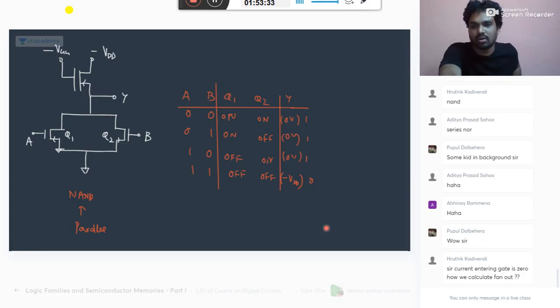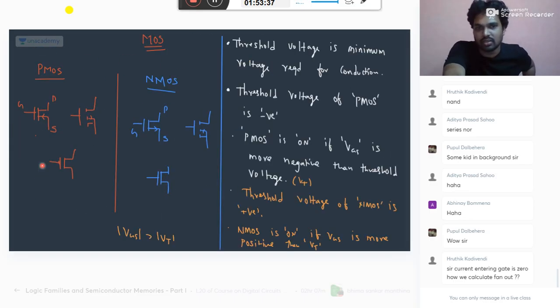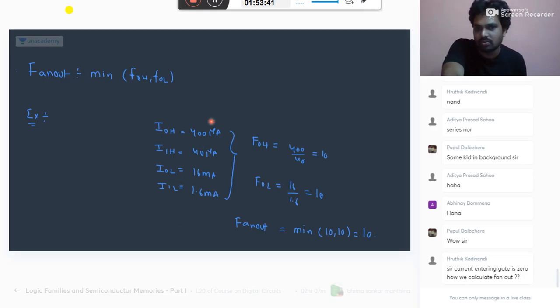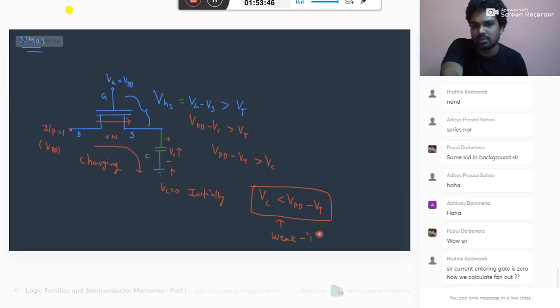It's not zero, Ritik. Some microamperes it will go. That's why earlier also, I took the example in microamperes only. These are the ideal values. We treat it as an open circuit.